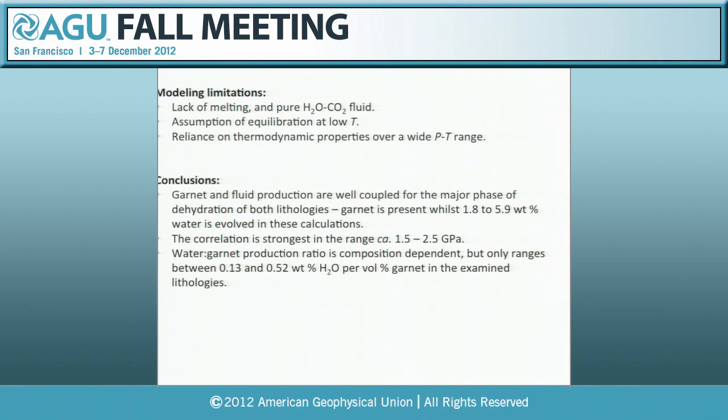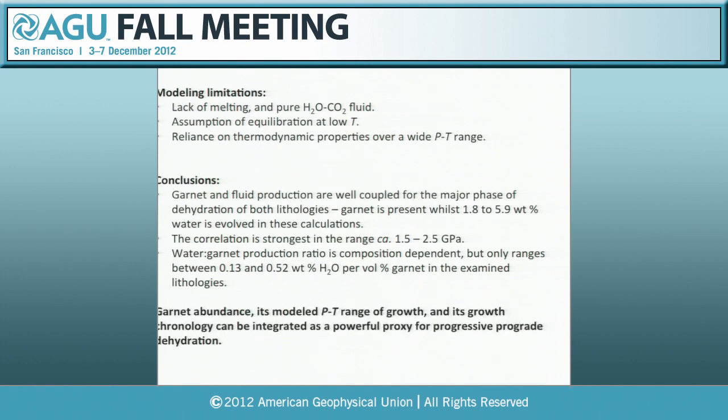The correlation is strongest in a relatively narrow pressure range associated with a large amount of heating. And although, as I've said before, the ratio is strongly bulk composition dependent, it only ranges relatively little between two really rather distinct starting bulk compositions.